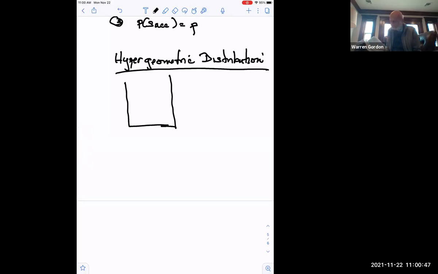I have an urn. And in my urn, I have R red balls and N minus R other balls. And I choose little n balls without replacement.